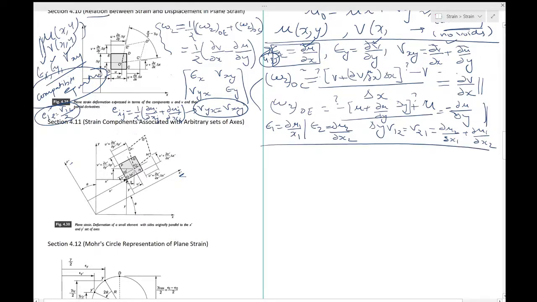So just like in equation 4.33, you can write Ex dash is equal to dou u dash by dou x dash, Ey dash is equal to dou v dash by dou y dash, and gamma x dash y dash is equal to dou v dash by dou x dash.